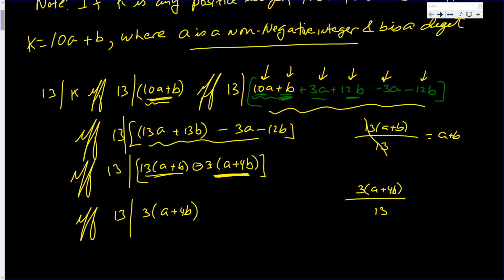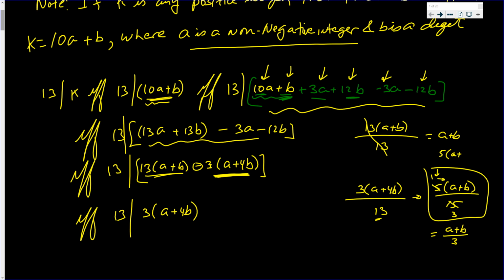Now, I just want to change the numbers for a moment. If it was a 5 instead of a 3 on the top, and maybe a 15 instead of 13 on the bottom, yes, this 5 can help the reducing. For example, 5 goes into both of those numbers 1 time and 3 times. And 1 times that is just a plus b, and the bottom is 3. So if in fact we had 5 times a plus b over 15, then 3 must go into a plus b.